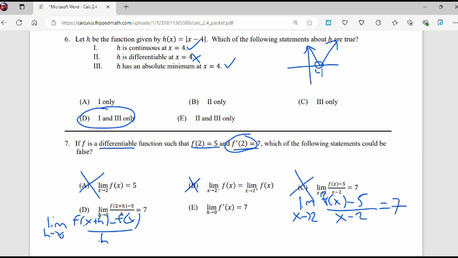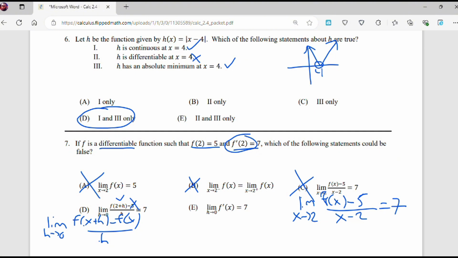Okay. So looking at answer choice D and comparing it with this formula, we get our f of 2 plus h. Okay, that part is good. The problem is that our function isn't 5. That cannot be our function.